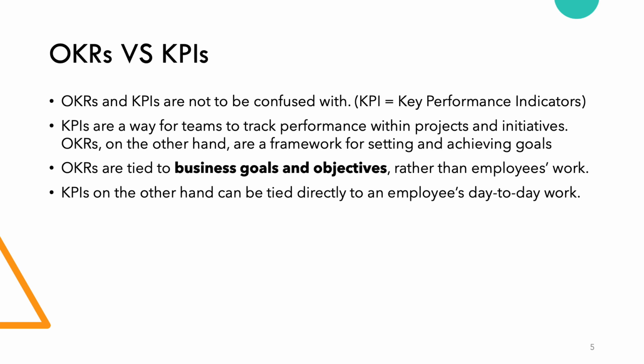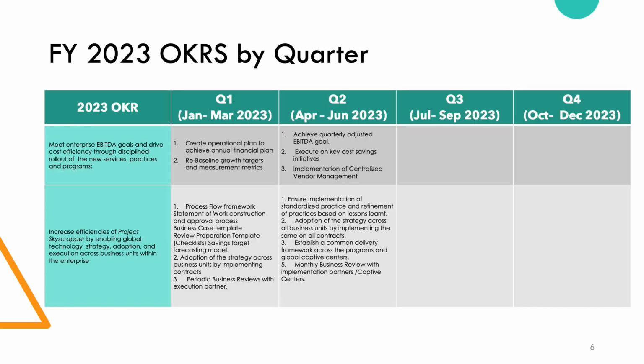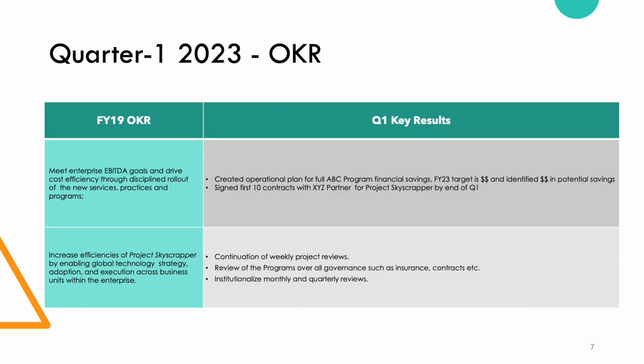Let's look at a couple of samples. Now let us look at the first template. The leftmost column is the objective, which is in green, and the cells in gray are basically the key results by quarter. And here is the second template. Basically, what we have done is taken the information on a quarterly basis.